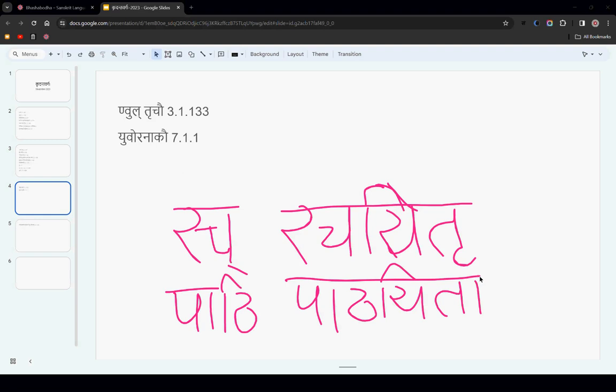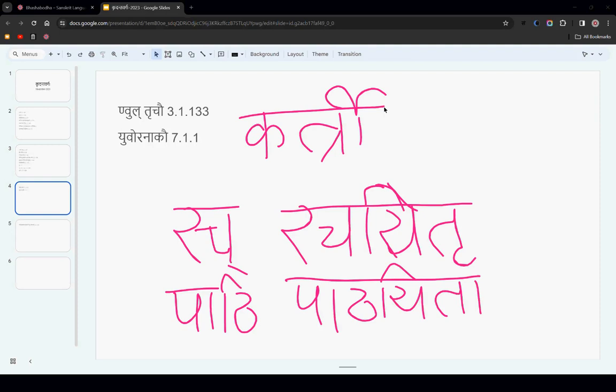In the strilinga, the form of kartru is pratipadikam kartri. How do you write it? Kartri. This is like a nadi shabda, in strilinga.